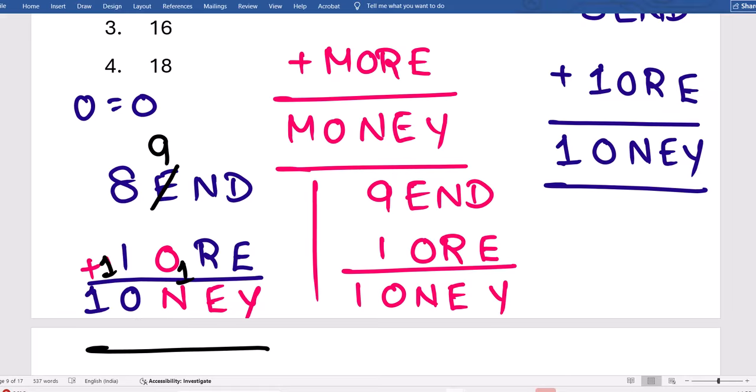Already O is 0. How can N value be 0 again? Already we assigned O is 0. Now N value 0 again is not suitable, so we cannot fix. That's why we are eliminating. You should know the reason.